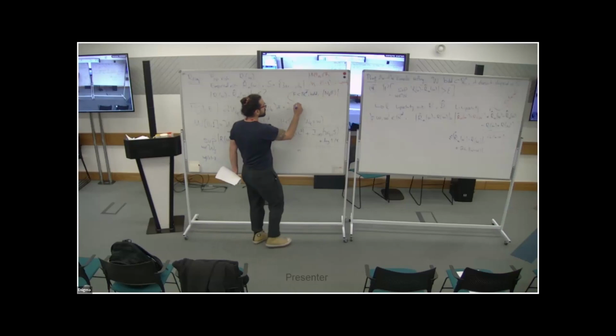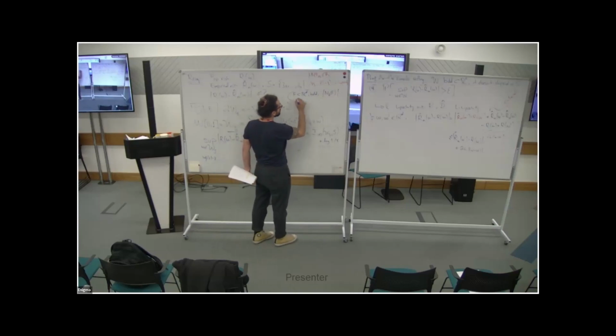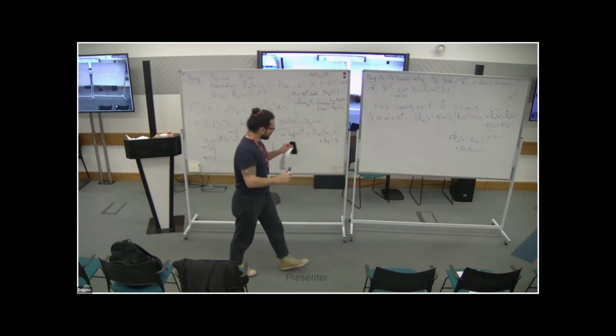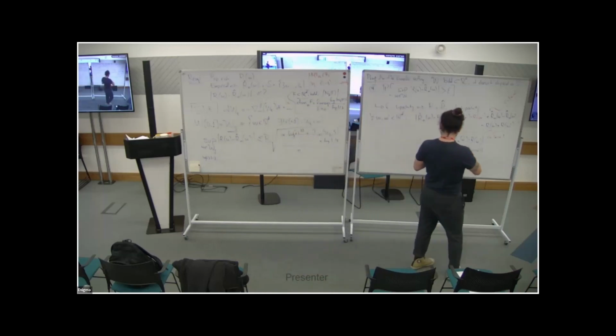And the upper Minkowski dimension is defined as the limsup as delta goes to 0 of log of the cardinality of this set of balls over log 1 over delta. Okay. So now let's keep this in mind.